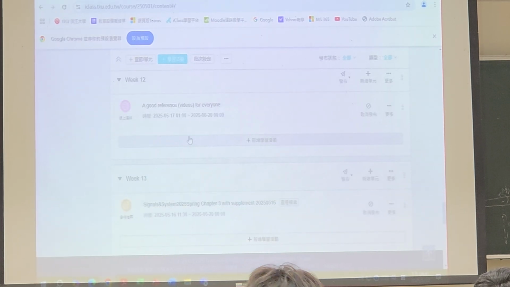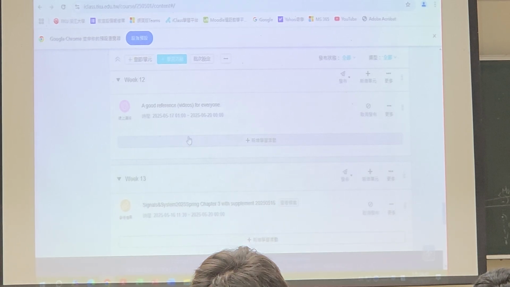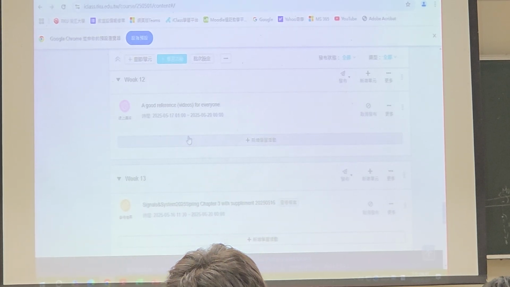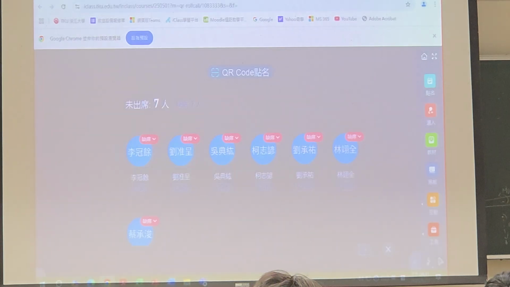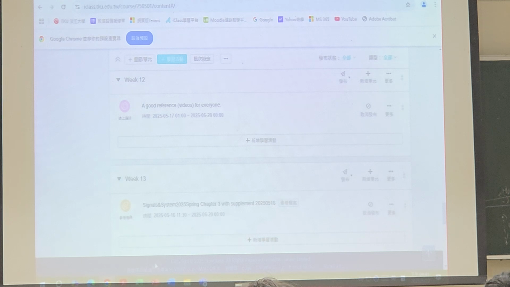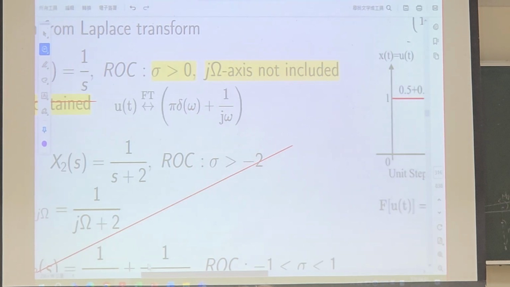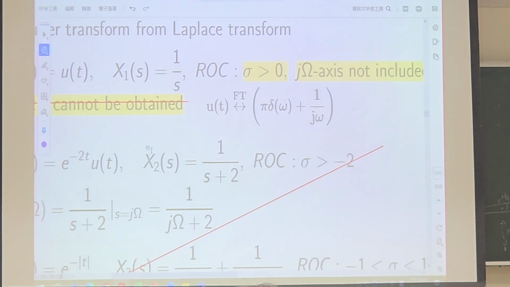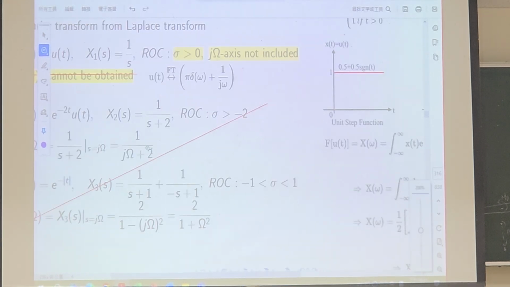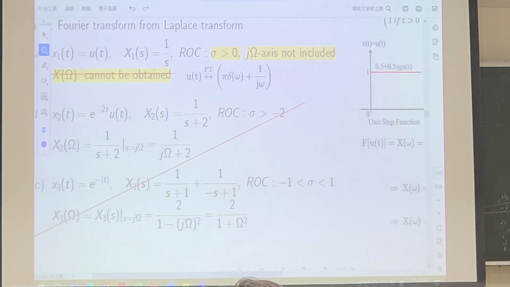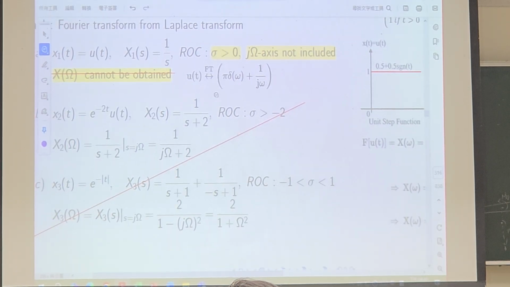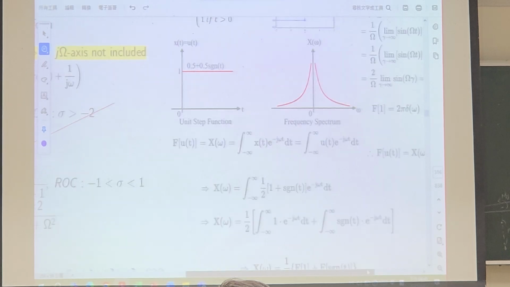There is a paper discussing the Fourier transform of the unit step function in great detail, but it's too involved, so I'm not going to discuss the problem here. I just want to show you that this statement in the book must be modified. There is a Fourier transform for the unit step function if we add the midpoint over there. Okay, let's go back here.